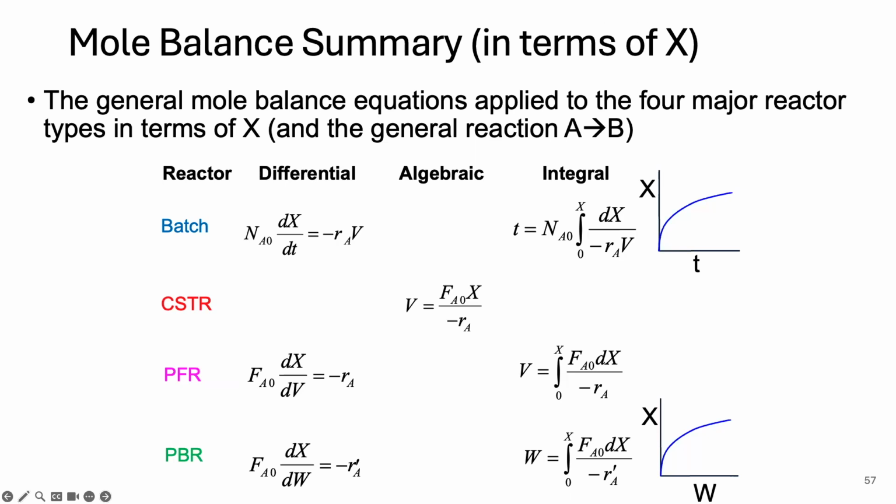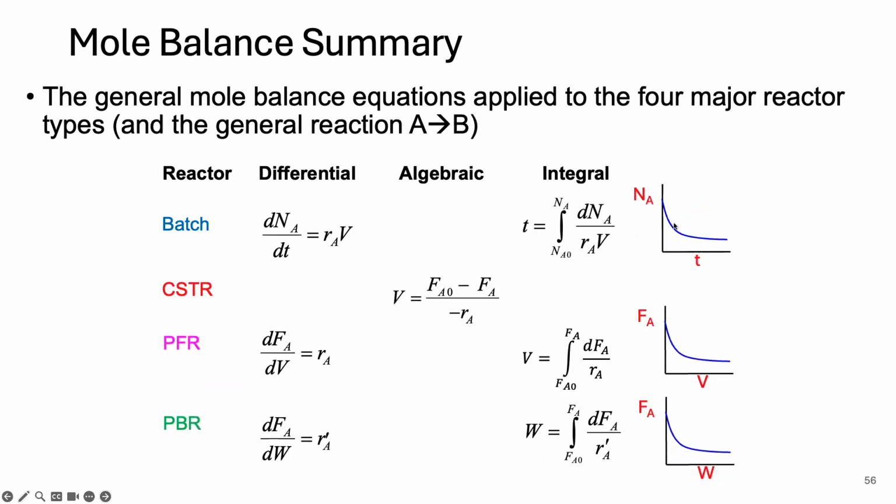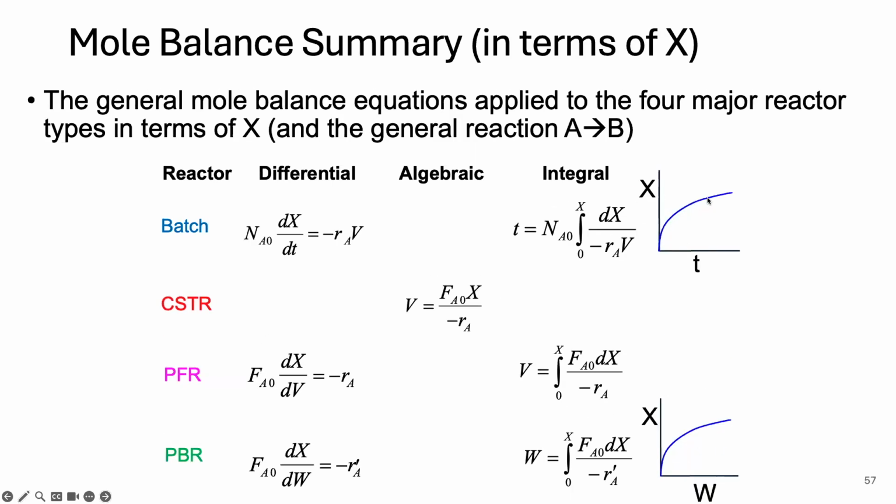And in this case, as the number of moles goes down as a reaction proceeds, for example, if we look at the batch reactor, as the moles are going down over time, our conversion is going up. Ultimately, it's going to approach its maximum value of 1.